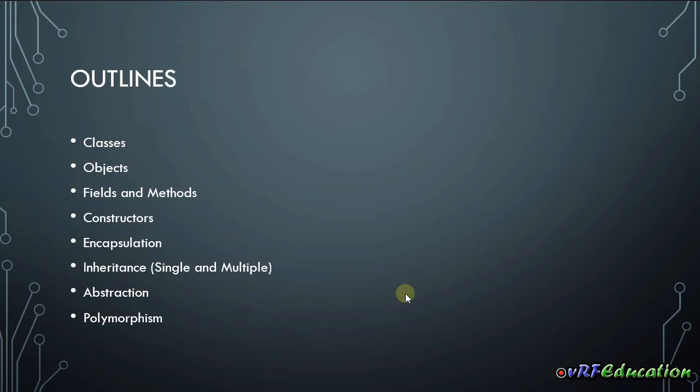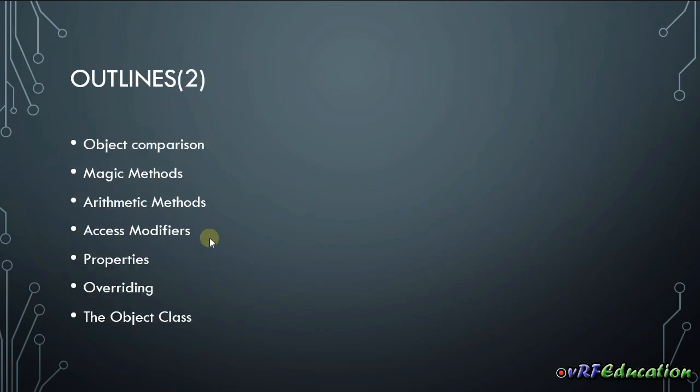So what are we going to talk about in this series? We mainly talk about classes, objects, fields and methods, and other stuff that is related to object-oriented programming, and it's common among all programming languages. All these concepts are somehow common between different programming languages. And we also focus on some other concepts that are somewhat specific to Python.